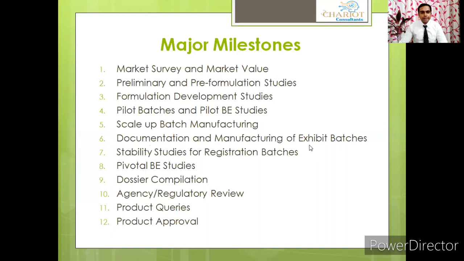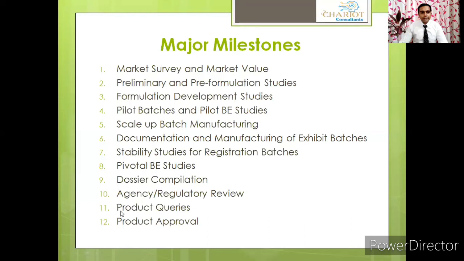Documentation and manufacturing of exhibit batches, which we have discussed. Stability studies for the registration batches. Pivotal BE, which is very important. Your dossier compilation. Finally, your agency or regulatory review. Some agencies may come up with some product queries in terms of your CRL or DRL. So those queries you need to justify based on a scientific rationale.